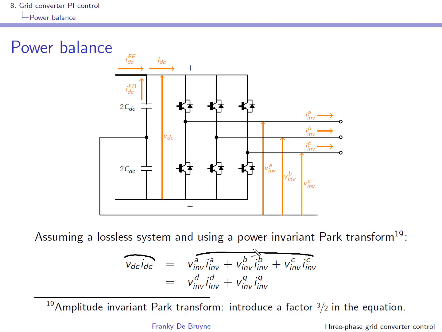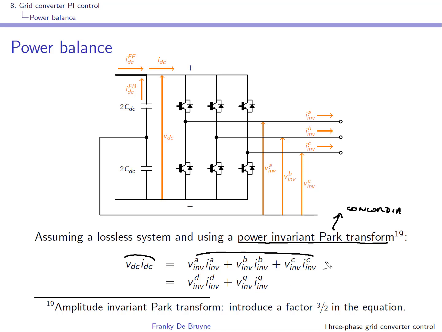AC side, right? Now if we use a Park transform, you can go to the DQ framework. If we are using a power invariant Park transform, this means that it uses the Concordia transform to go to the alpha beta domain before going to the DQ domain.